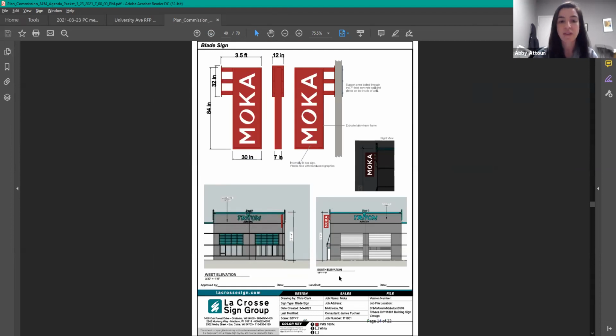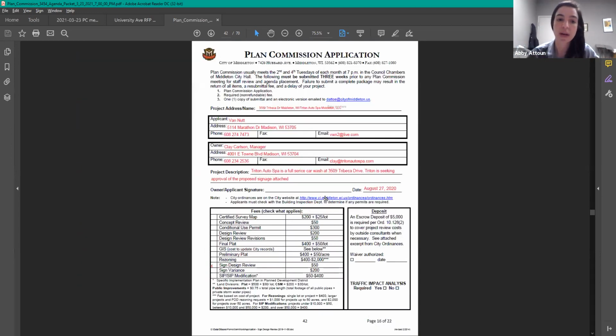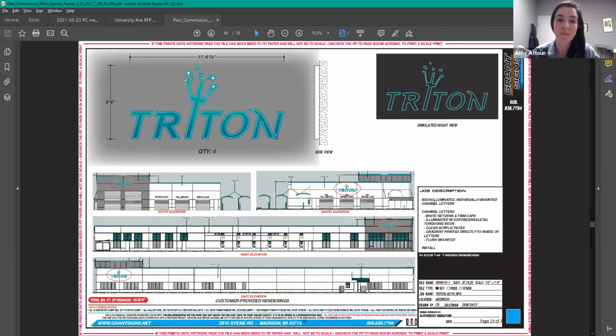I don't think that having a sign for Mocha on the Triton building meets the intent of the sign code. I'm concerned that although it's not technically an off-premise sign, it kind of feels like an off-premise sign. Also, I hope I compiled the Triton sign package into the packet, but when Triton was approved, the auto spa pretty much maximized what would be allowed under the ordinance in terms of signage.